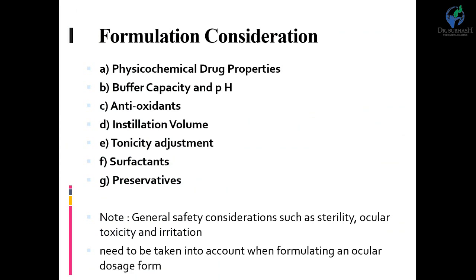Then we have to add surfactants and preservatives, which we also have to know about, because for safety the materials must be sterile. So sterility is required, and ocular toxicity and irritation we have to consider, because we apply it to the eye, so we require high safety. These need to be taken into account when formulating any ocular drug delivery system. So we have to know about sterility, toxicity and irritation to the eye.